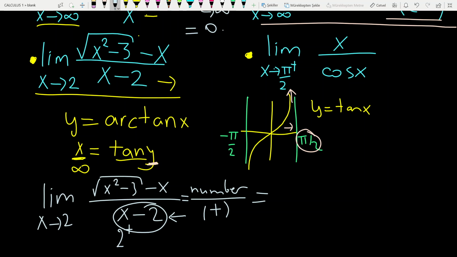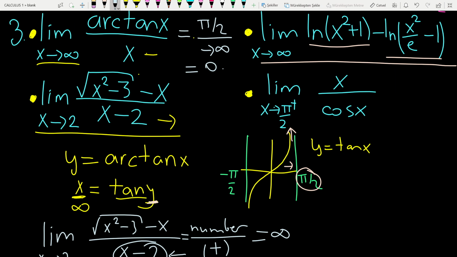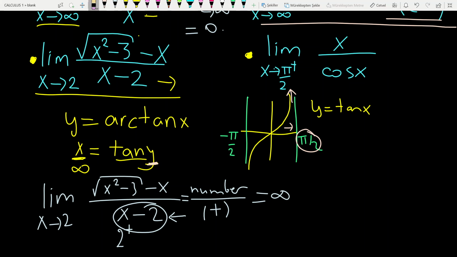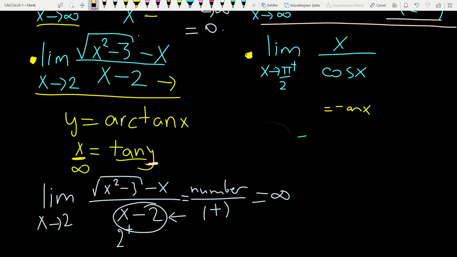So when you approach from right, the answer is infinity. When you approach from left, the answer is minus infinity. Still, the final answer is the limit does not exist. So it is also done. And the final one, when x tends to pi over 2 from right, what is the answer of x over cosine x?